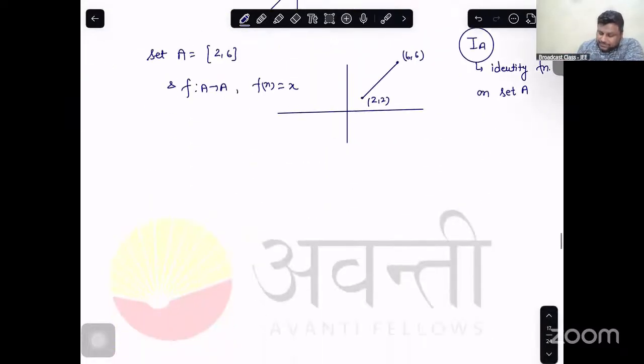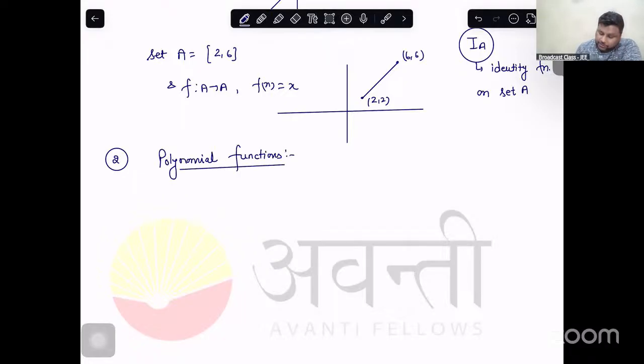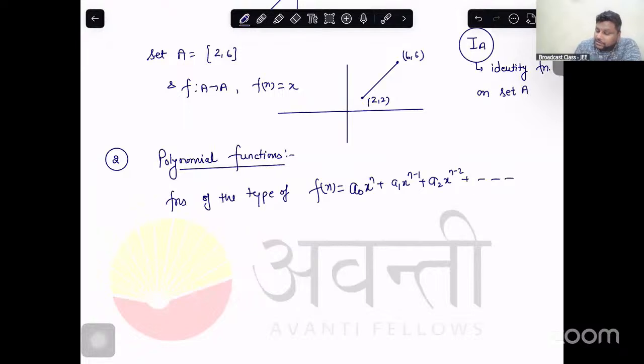Now, the second type of function that comes into the picture is polynomial functions. So simply, functions of the type f(x) equals a0 x to the power n plus a1 x to the power n minus 1 plus a2 x to the power n minus 2, and so on, plus a_n.